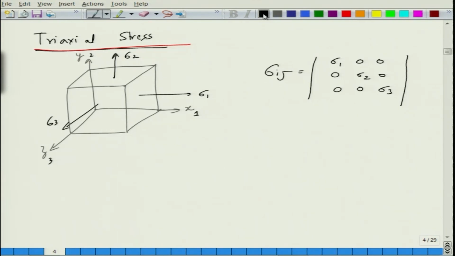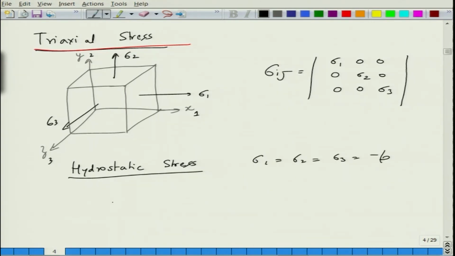There is an analog in terms of hydrostatic stress as well. In case of hydrostatic stress, sigma 1 is equal to sigma 2 is equal to sigma 3 is equal to minus P. So, essentially the sample is under compression from all the sides.